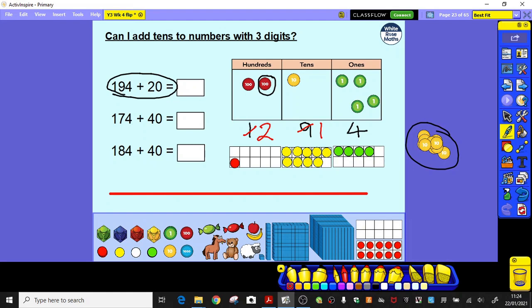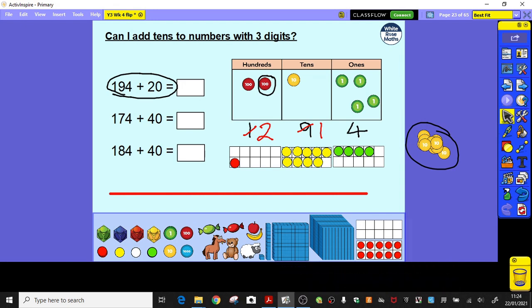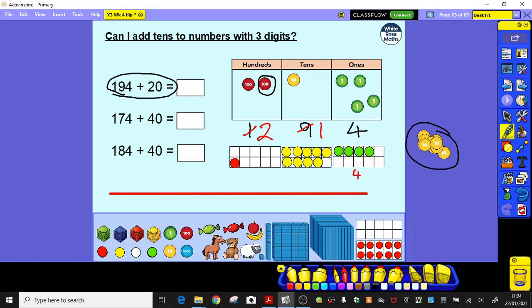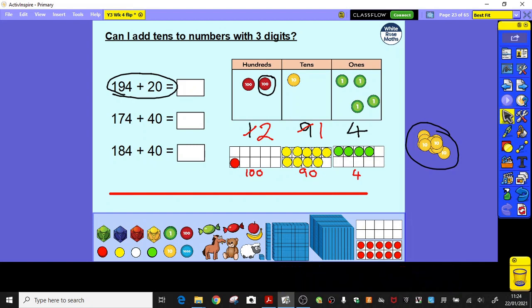Now we can show this also with the 10 frames. So again, we've got 4 showing in our ones 10 frame. We've got 90 in our tens 10 frame, and we've got 100 in our hundreds 10 frame. So we can add to that.